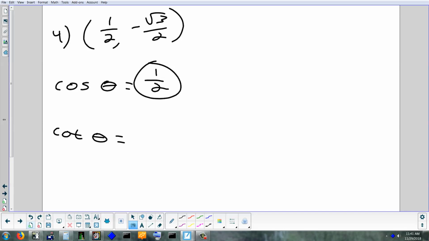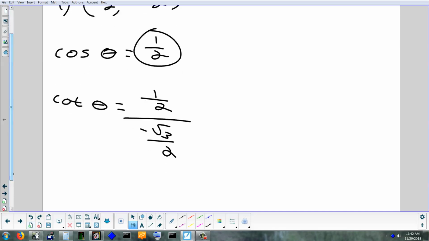Normally we do the tangent first, so we already have something to flip. This time I don't, so I have to do the cotangent from scratch. What's the formula for cotangent? X over y. Cosine over sine. Right? And now, let's see, the 2's cancel out.